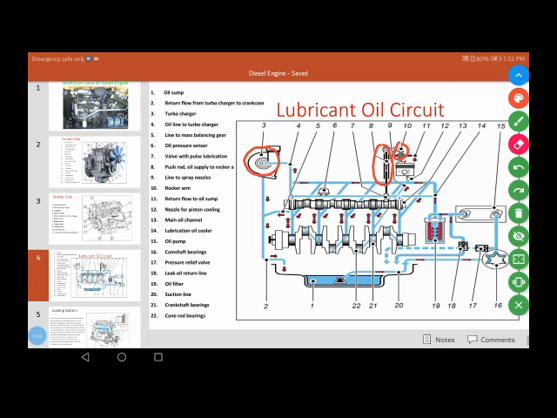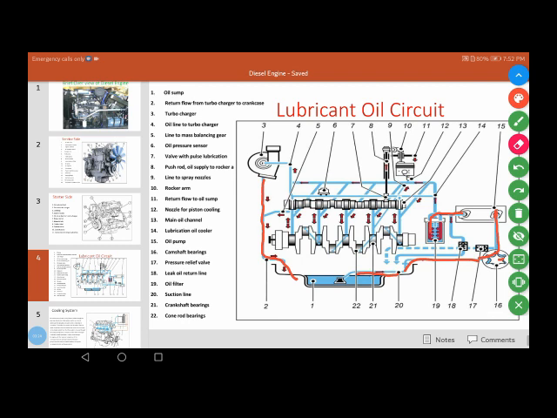Now I will discuss which parts the oil is going to. First, you can see this line is coming back from the turbo to the sump, and then the oil goes through here, where the pump draws it, and from here it goes to the filter.